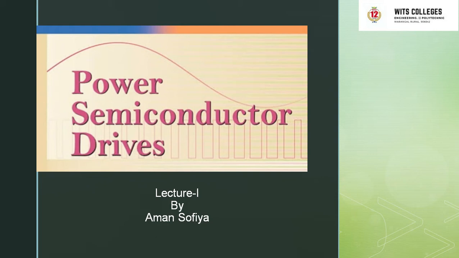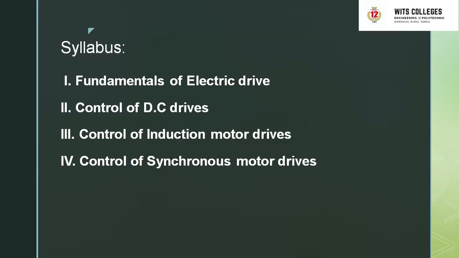Now let's have a look at the syllabus copy. Coming to our syllabus, in total we have 4 units. The first unit is the fundamentals of electric drive. In the first chapter, we'll see what is meant by electric drive, its advantages, block diagram, status of AC and DC drives, starting, braking, and speed control of drives.